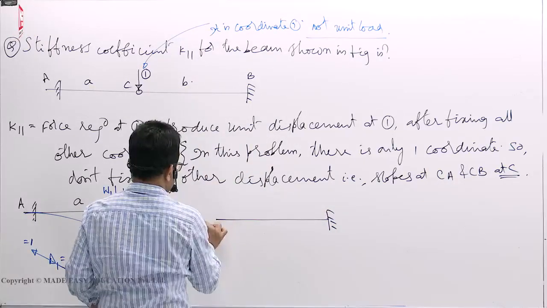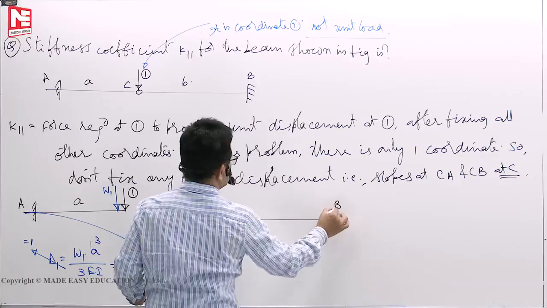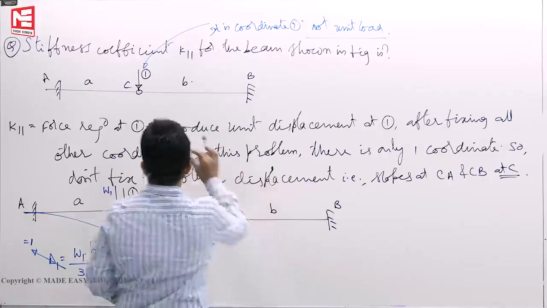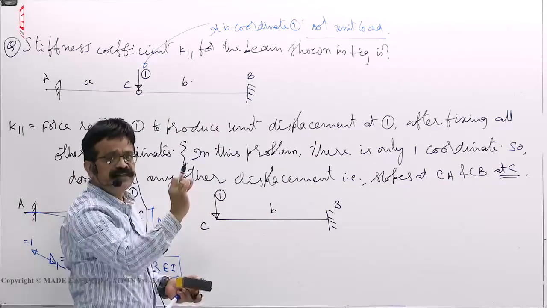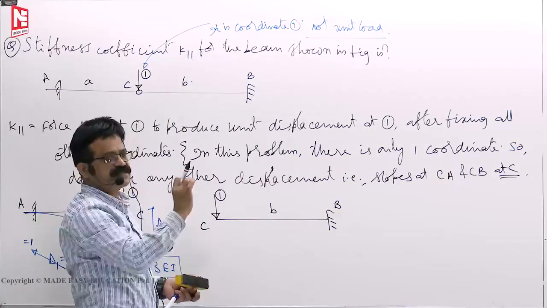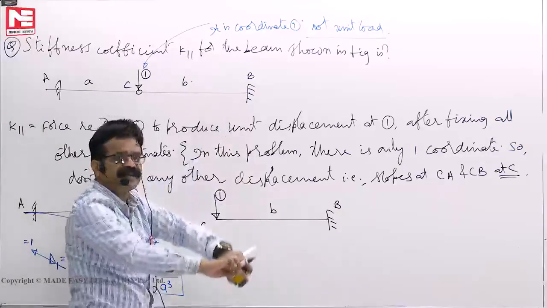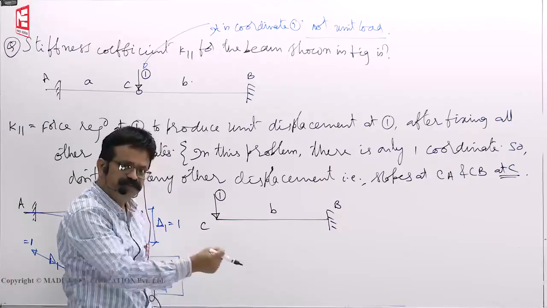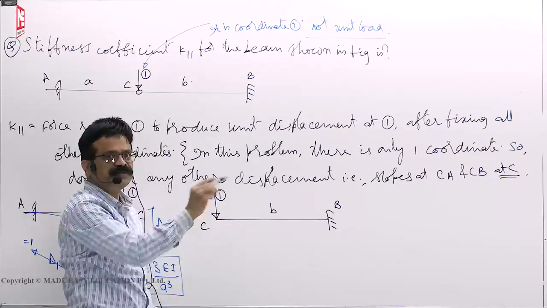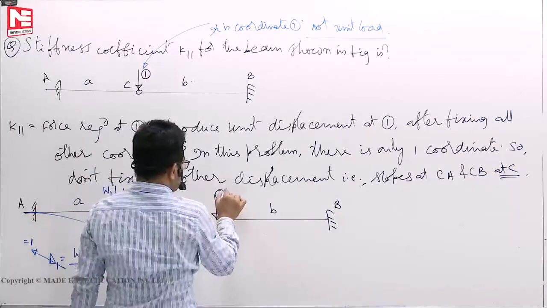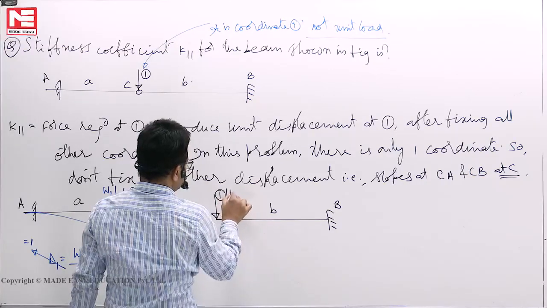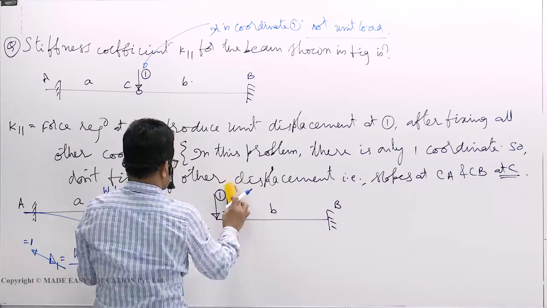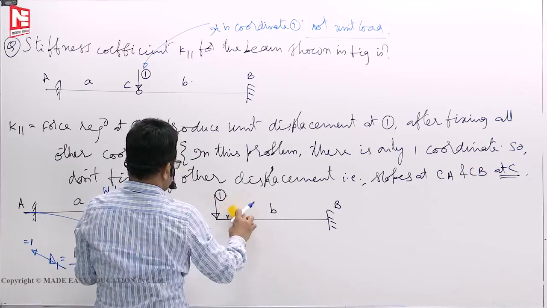Now let us see the second part. This is C, B. Again this is coordinate 1. This length is B. Because when I am holding it and pulling it down by 1 unit displacement, both the beams deflect. That means you have to apply the force required to deflect both the beams. So this load, now you take it as W2.